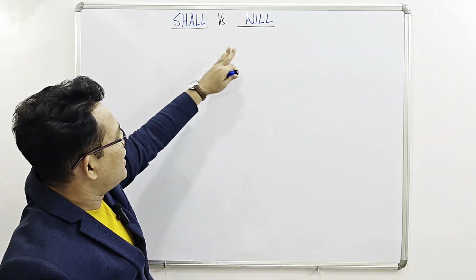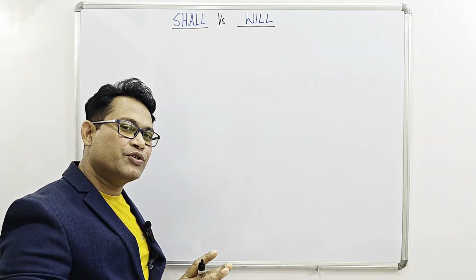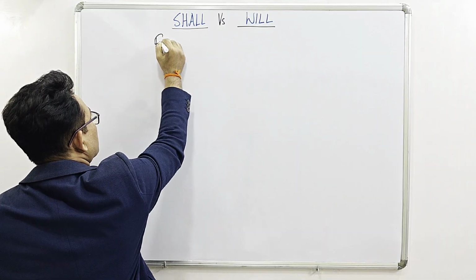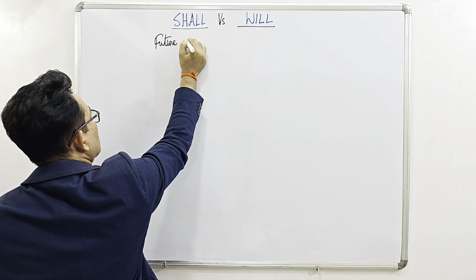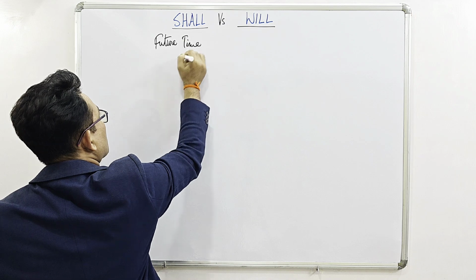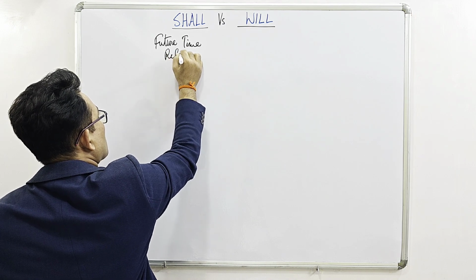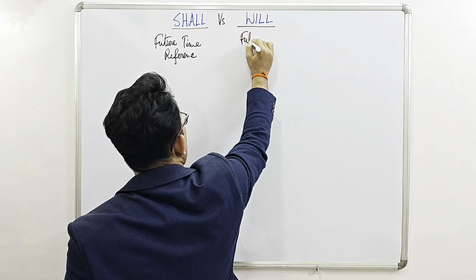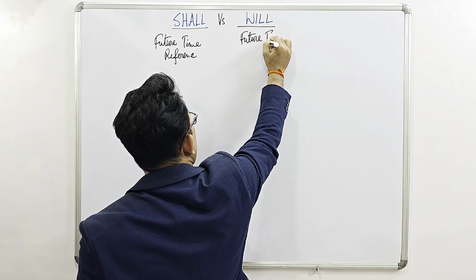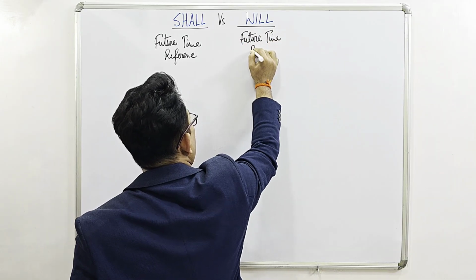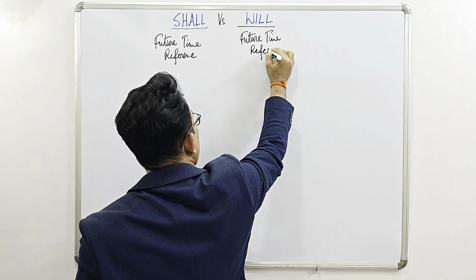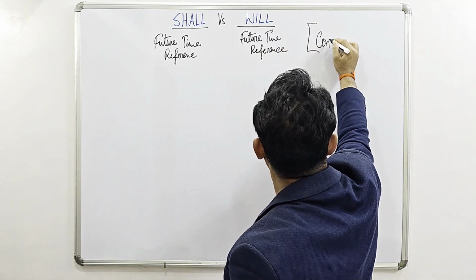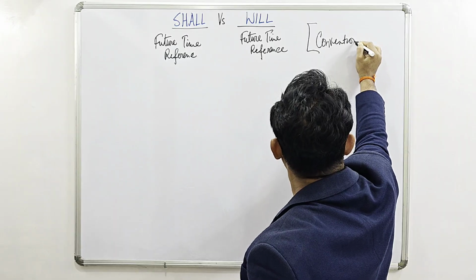So conventionally, shall and will both refer to future time reference. Okay, so this is the conventional way of use.